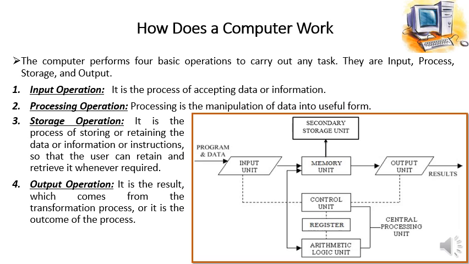So this is how all these different operations are associated with each other, and at the end we can see that whenever the program is completely done, we can produce the result with the help of output unit or output devices, which is also controlled by the control unit. So this picture actually represents these four basic operations performed by the computer.